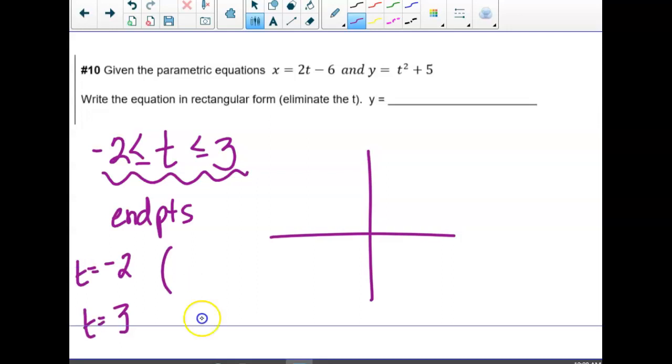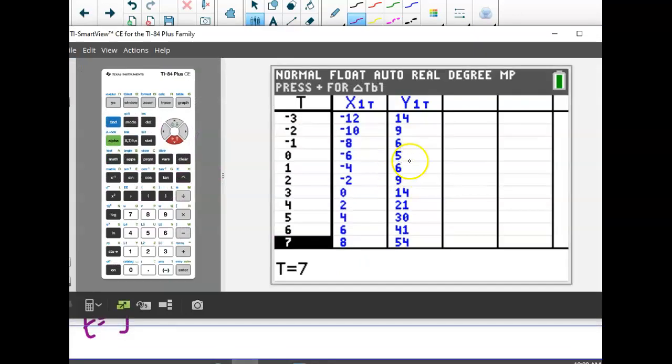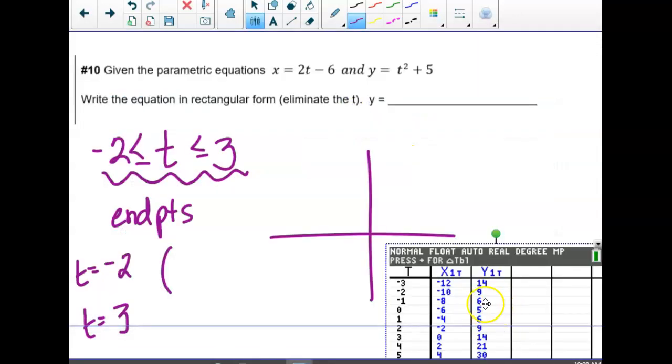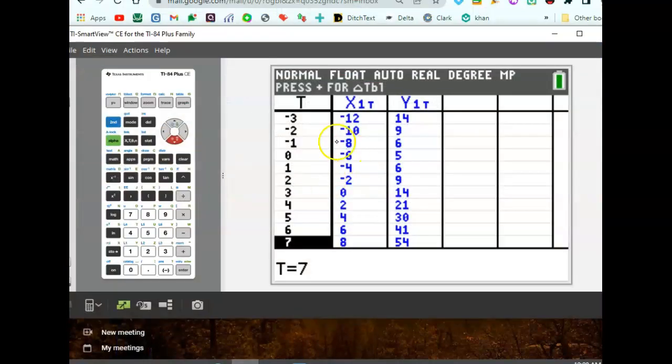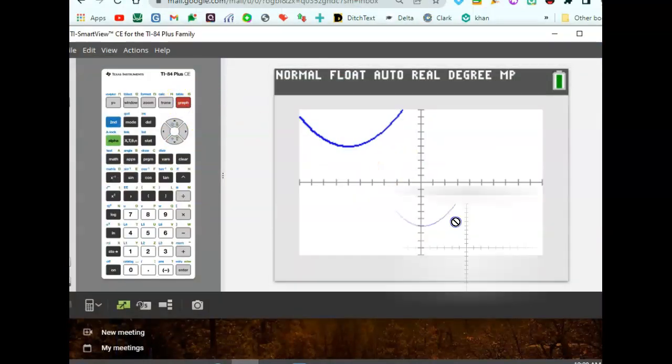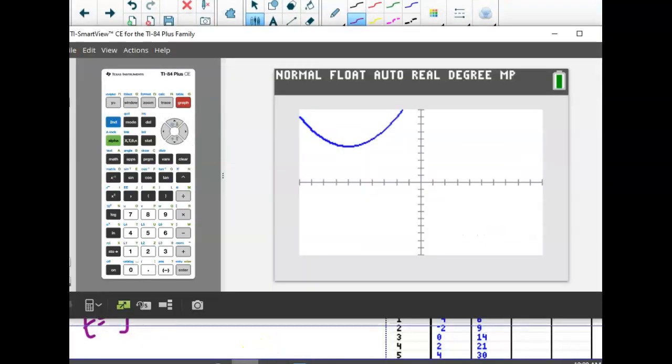I don't remember if it asked for endpoints on the quiz. Let me just put this on the screen. -10, 9, and at 3 it was 0, 14. And this is kind of what my graph looked like, badly done.